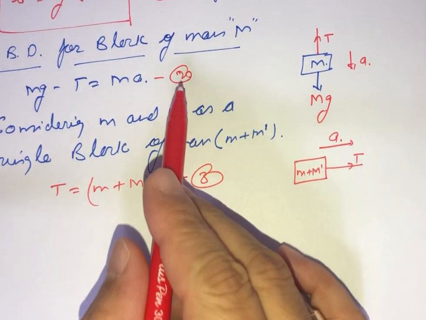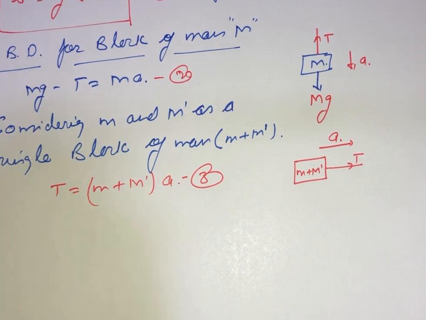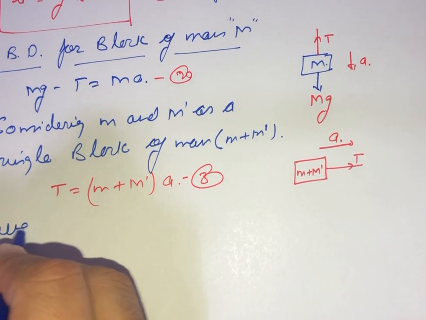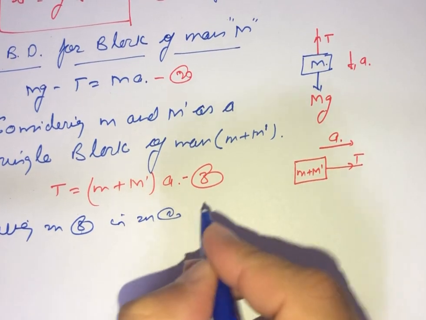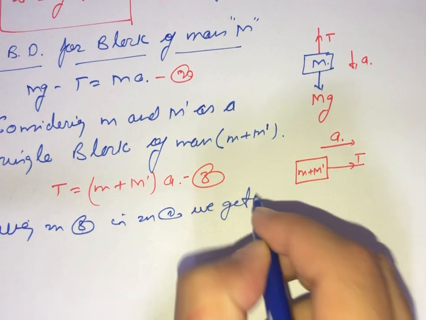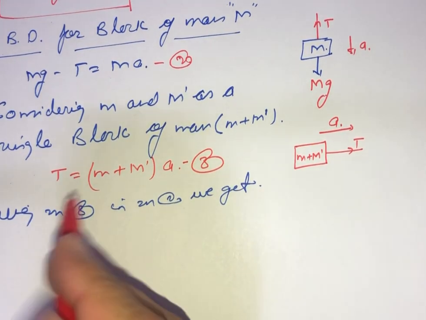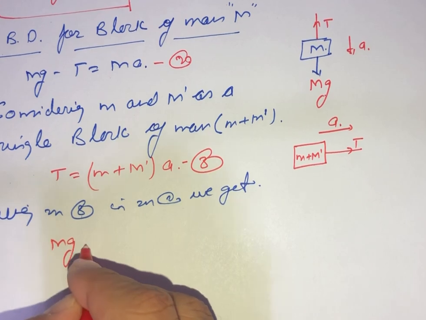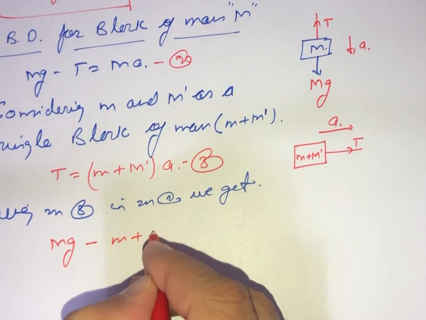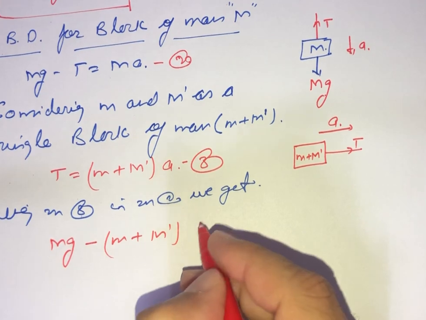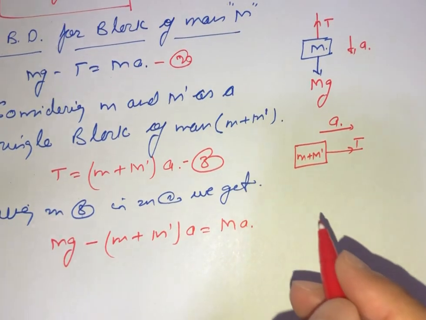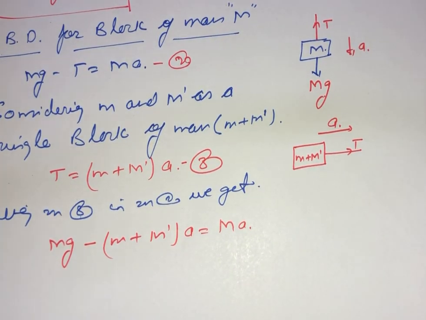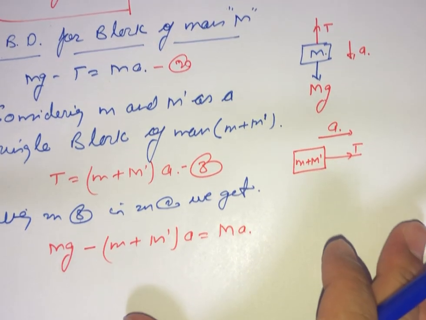So using equation 3 in equation 2, we get Mg minus (m plus M prime) a is equal to Ma. And we also know that the value of a is g tan theta.